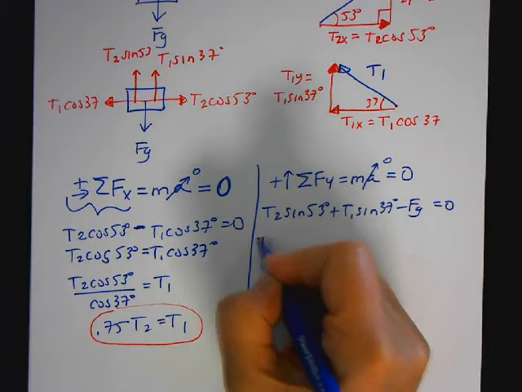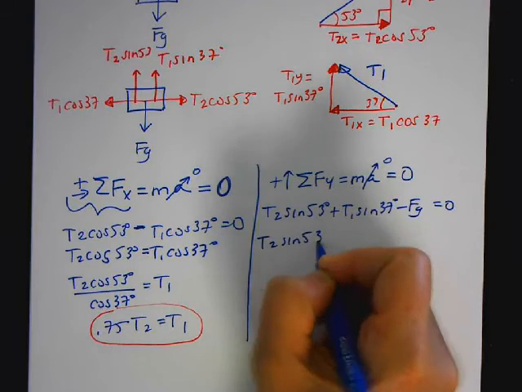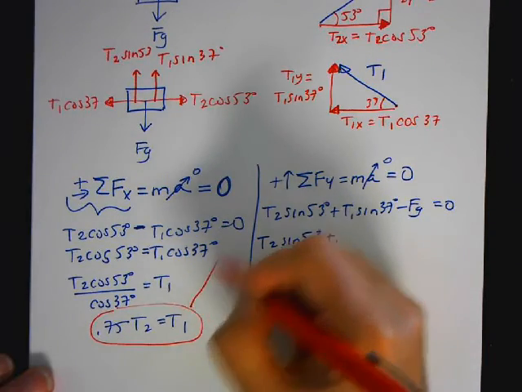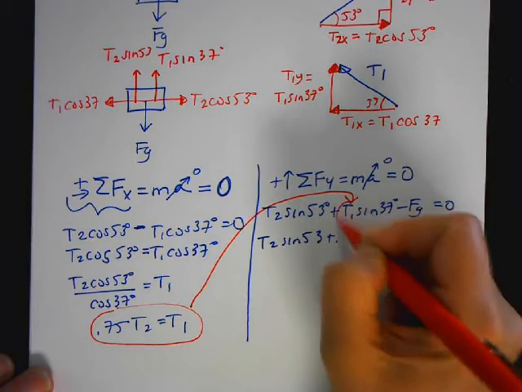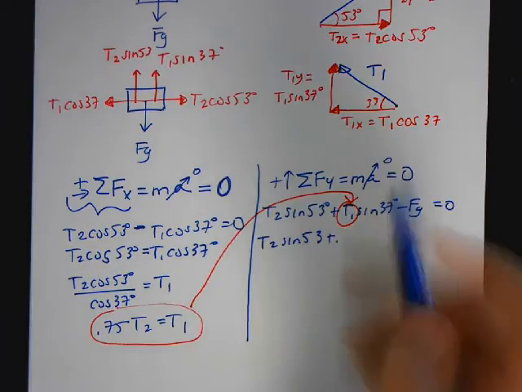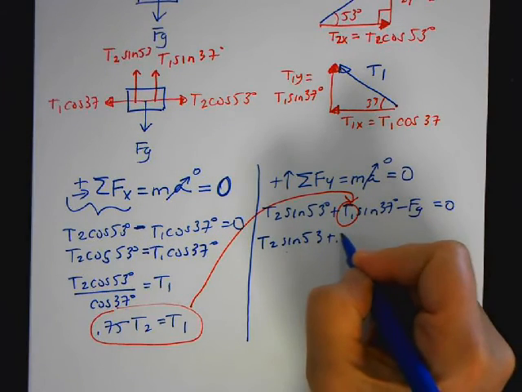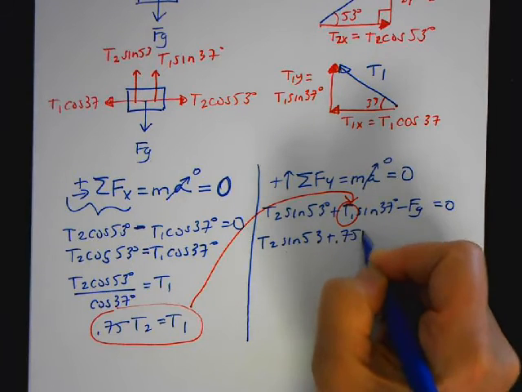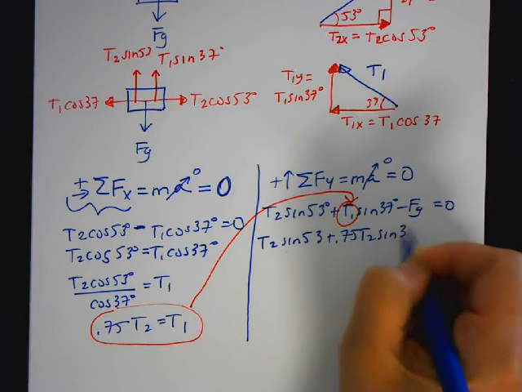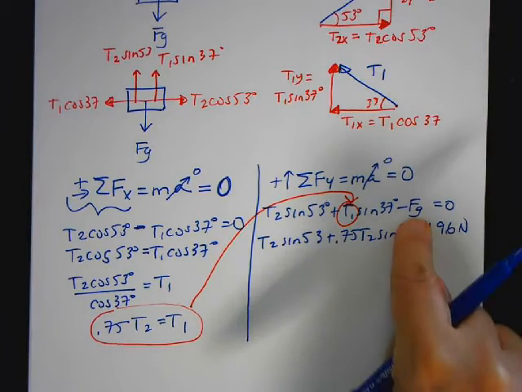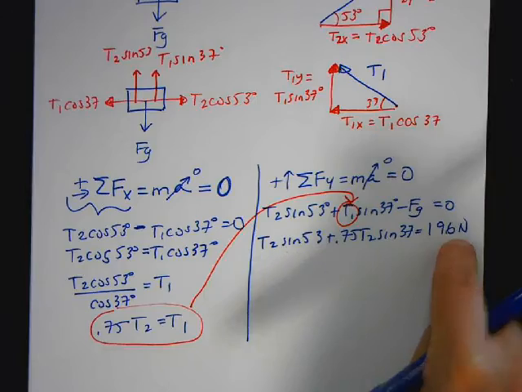So now I'm going to have T2 sine of 53 plus, now what I'm going to do is take this and substitute it in here for T1, because now I want to eliminate a variable. So T2 sine of 53 plus, instead of T1, I'm going to write 0.75 T2 sine of 37 is equal to 196. I took the F_g and I moved it to the other side and put in the value.